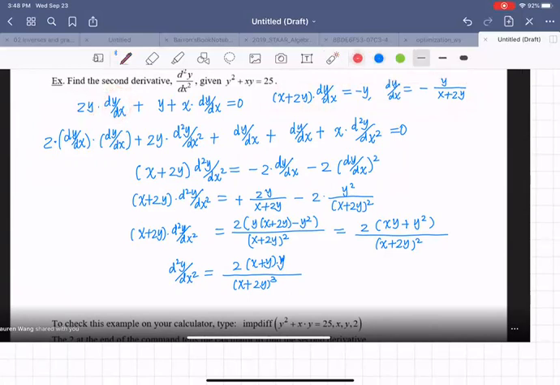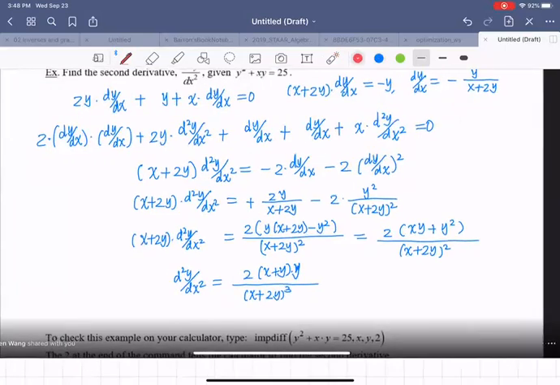Remember during summer when I taught you this part, I said dy over dx is the first derivative, right? And if you do d of this over dx, this is the second derivative, okay?